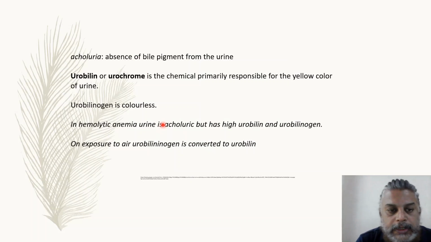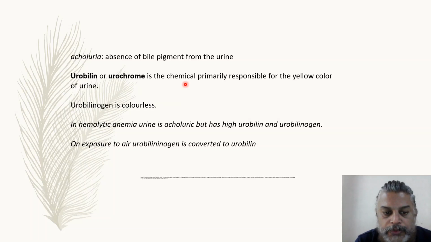Acholuria is the absence of bile pigment from the urine. Urobilin or urochrome is the chemical primarily responsible for the yellow color of the urine. Urobilinogen is of course colorless. In hemolytic anemia, urine is acholuric but has high urobilin and urobilinogens.